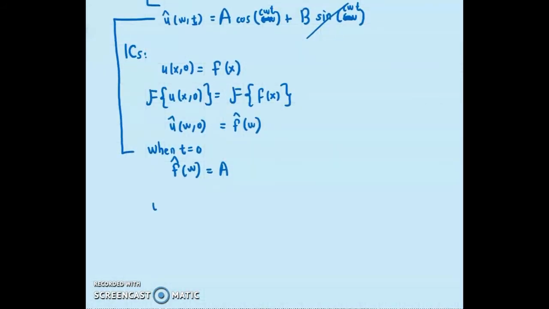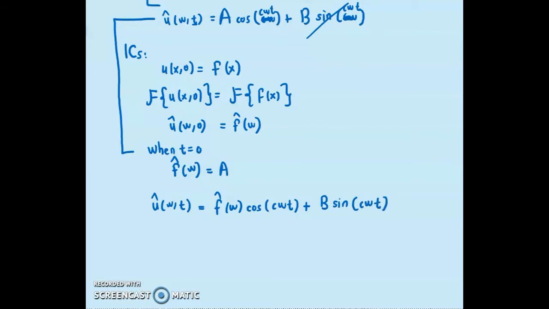So my new equation will be a becomes f hat omega, times cos(c omega t) plus b sin(c omega t).